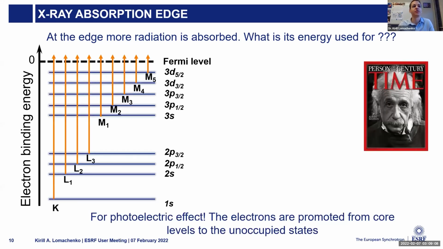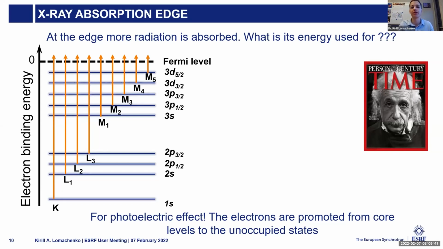And it appears that we use this energy for electronic transition, for photoelectric effect. So the core electrons are promoted from core levels to the unoccupied states. As soon as the energy of incoming photons becomes sufficient to kick the electron out of a particular core level to the unoccupied states, the photons start getting absorbed resonantly, and the absorption coefficient jumps.